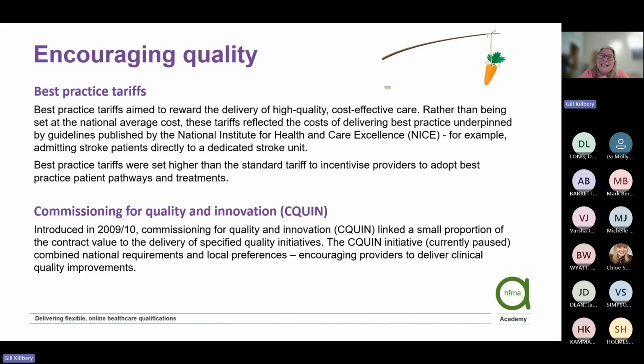They're not always linked to things that you would get paid for. At one point, one of the national ones was to do with smoker cessation assistance for patients.